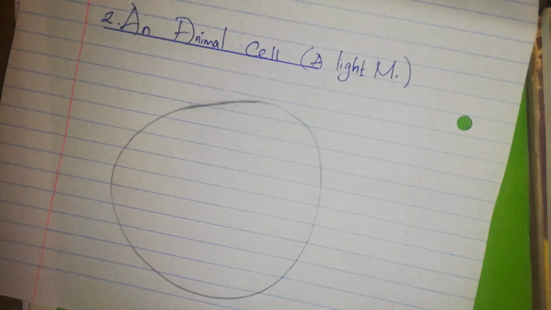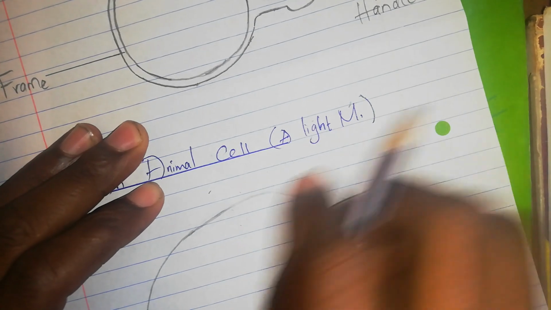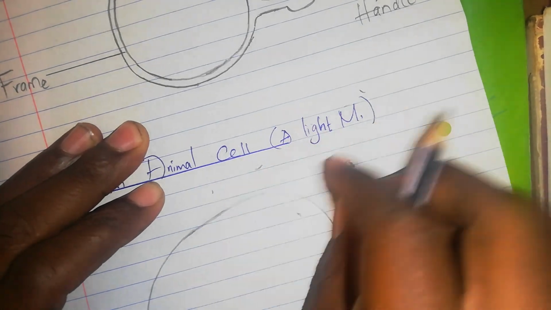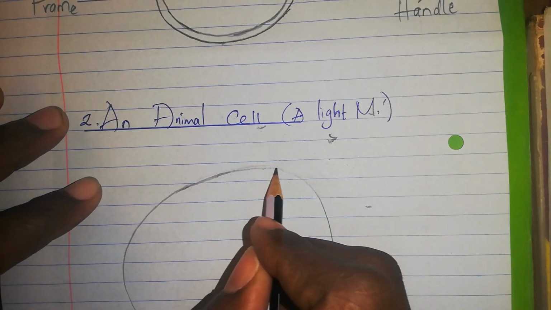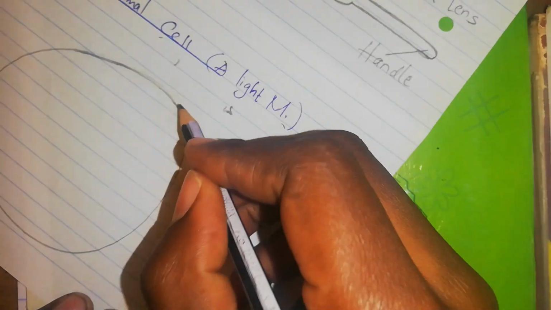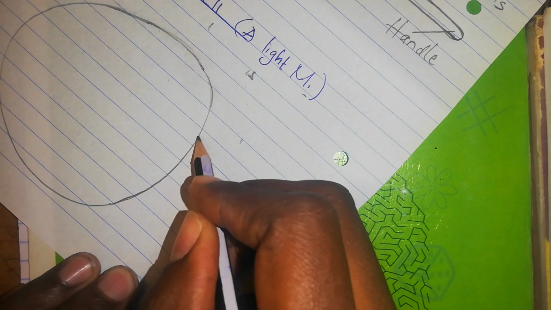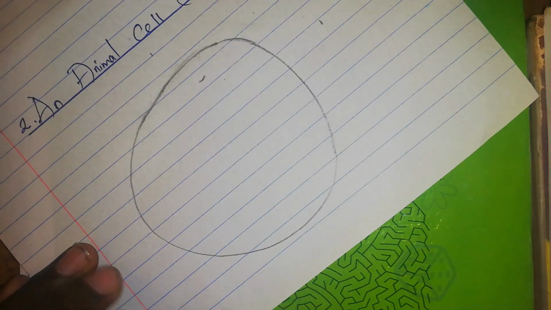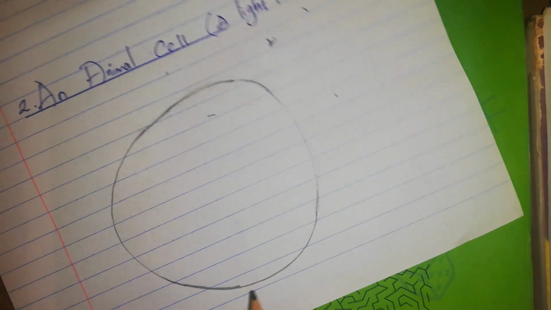Making good use of my rubber. This is the outer part of the cell, which is the cell membrane. The lines must be continuous so that at least the diagram, the lines become proportional across.